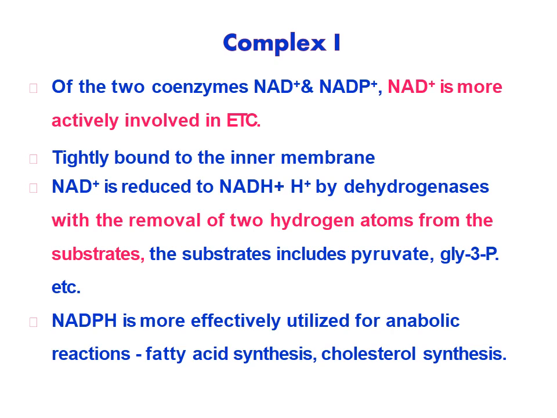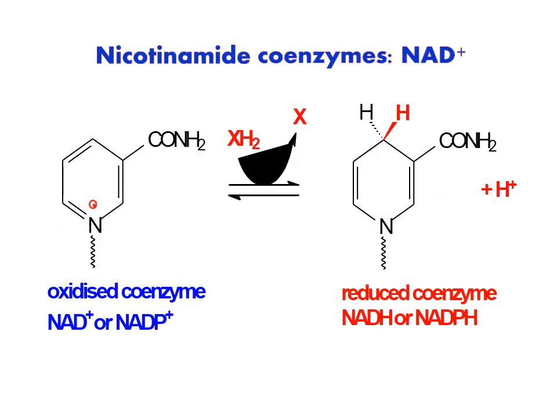NADPH is utilized during anabolic reactions. Which type of reactions? Anabolic reactions. During fatty acid synthesis and cholesterol synthesis, NADPH is utilized. If the substrate is pyruvate or glycerol phosphate, NAD is involved, and when it is fatty acid synthesis or cholesterol synthesis, NADPH is involved. Here, XH2 means the substrate.